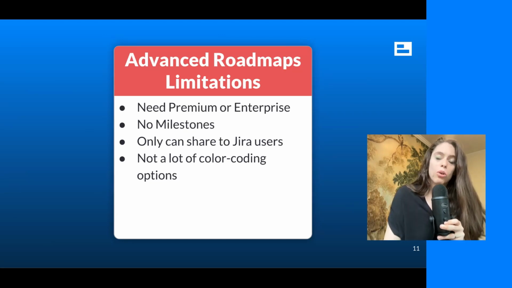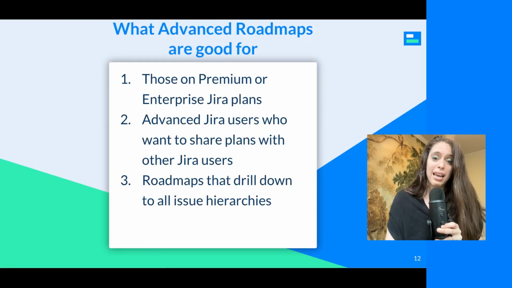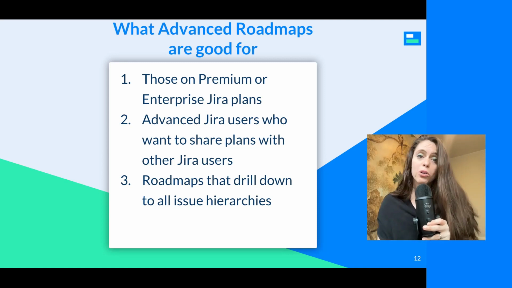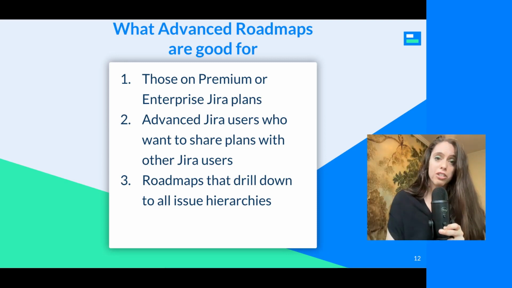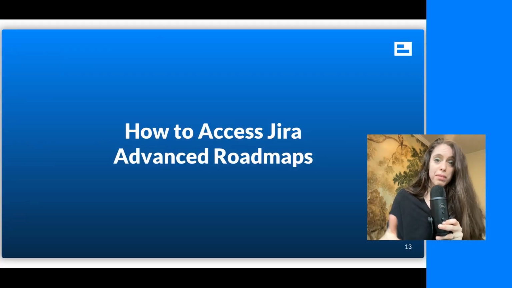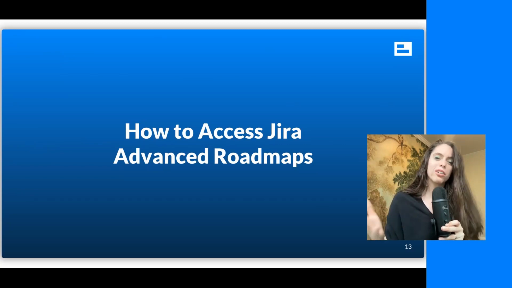However, there are more options in general than Timeline offers. So you can drill down to the subtask level, and you also can pull in more than one Jira project, which is really awesome. So let me show you how to do that and how to access Jira Advanced Roadmaps, provided that you are on a Premium or Enterprise plan.